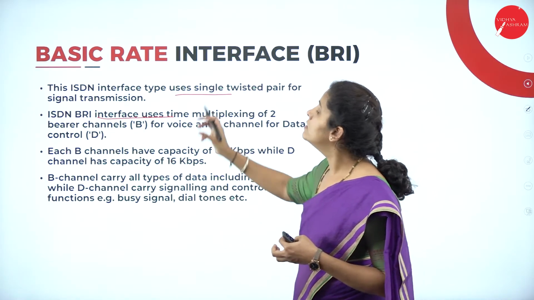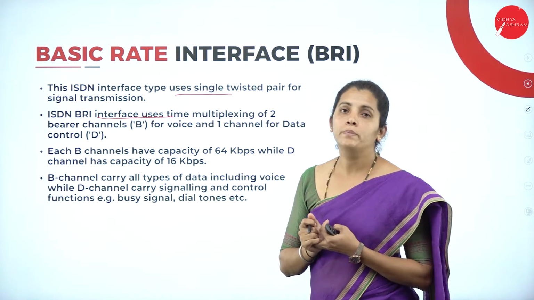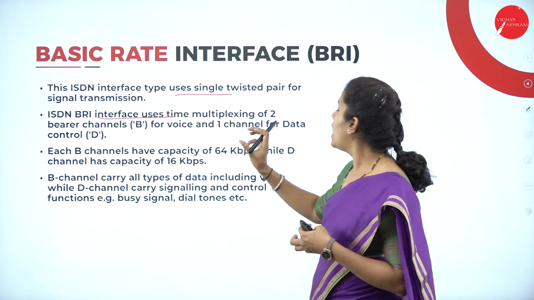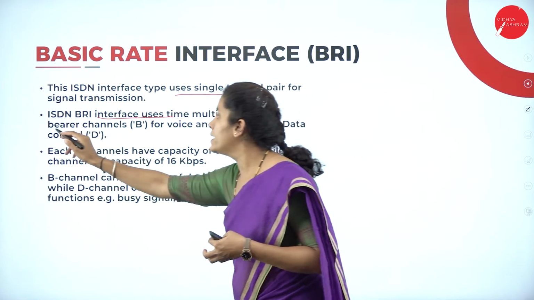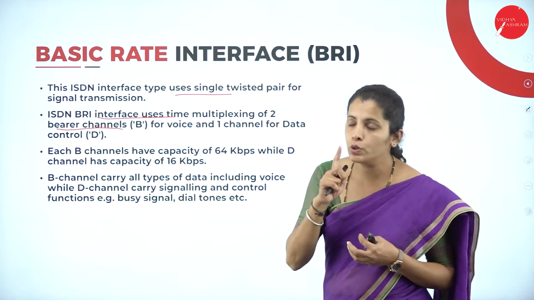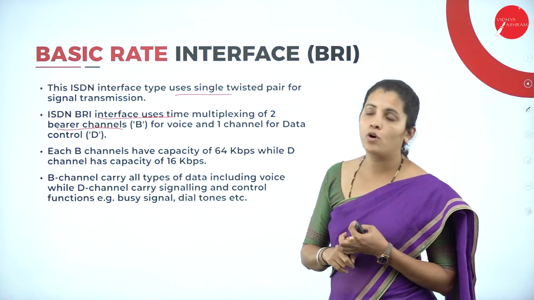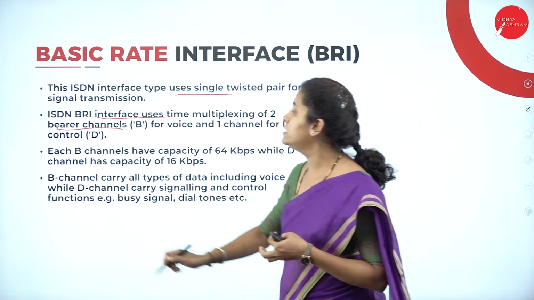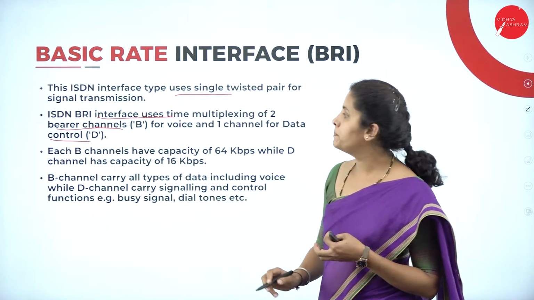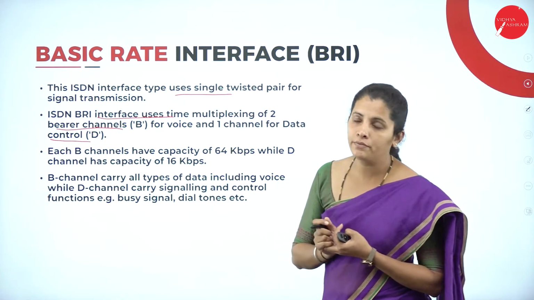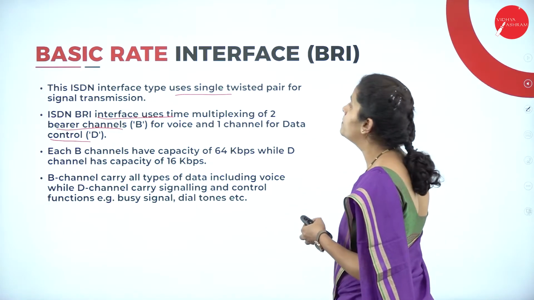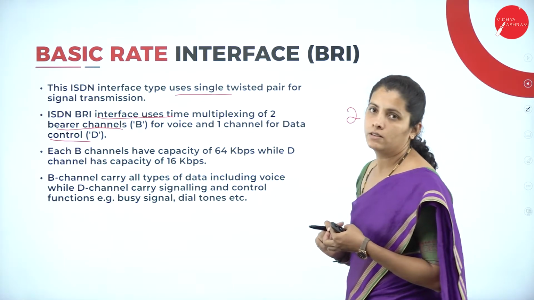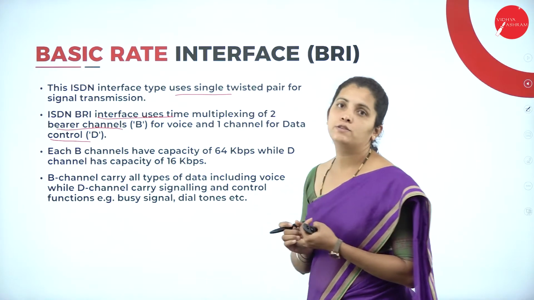It uses two bearer channels, that means two B channels for voice and data, and one D channel for control. I repeat, the BRI interface includes two B channels and one D channel, and it is mainly based on time multiplexing.